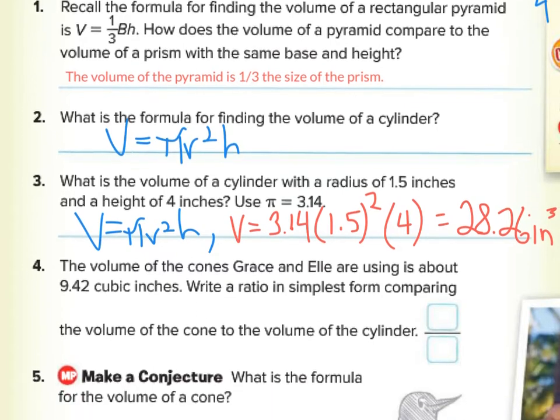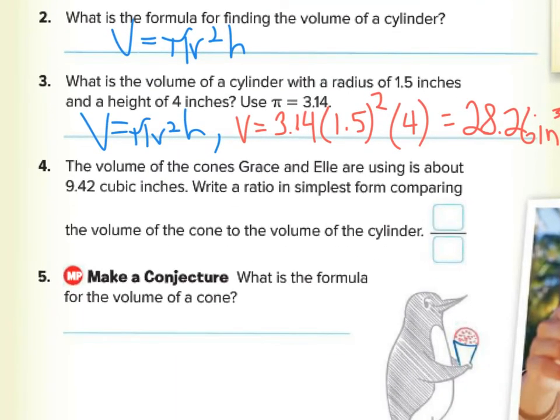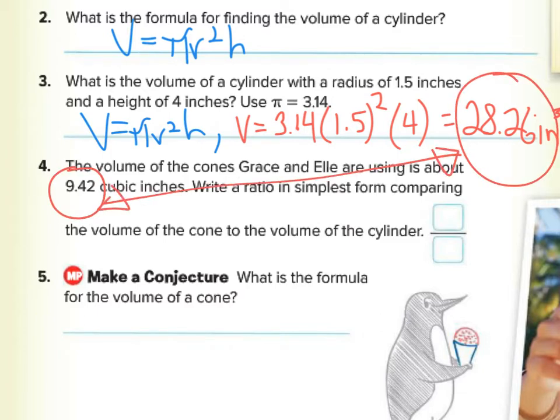Now, how does that compare to a cone? Well, the volume of the cones Grace and Elle are using is about 9.42 cubic inches. Write a ratio in simplest form comparing those two numbers. So if I compare this number to this number right here, and write a ratio and then simplify it, what would I get?